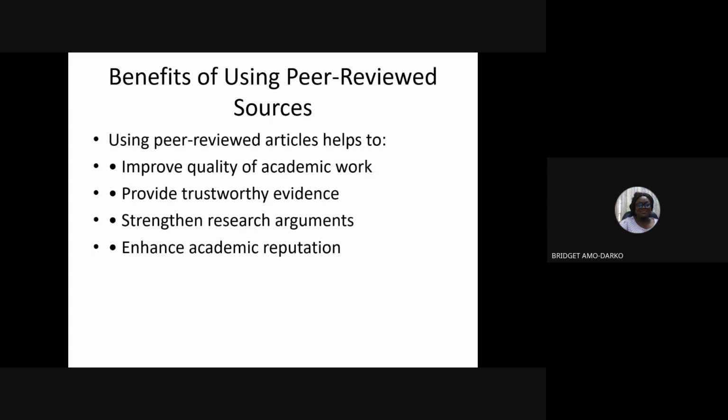So if you are citing, you have to look out for these peer-reviewed article sources. They improve the quality of your academic work, provide trustworthy evidence, and strengthen research arguments. It also enhances academic reputation.